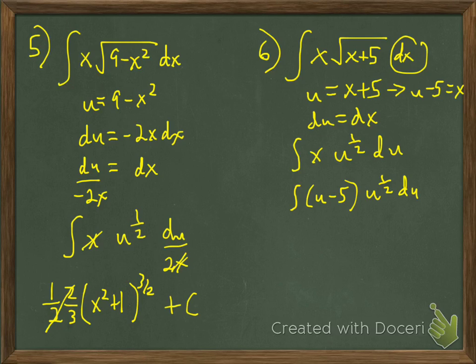We cannot do a product rule integration. So distribute. This becomes u to the 3/2 minus 5u to the 1/2 du. Now you can use your power rule. 2/5 u to the 5/2 minus 5.